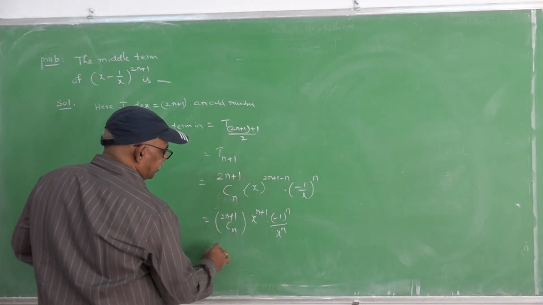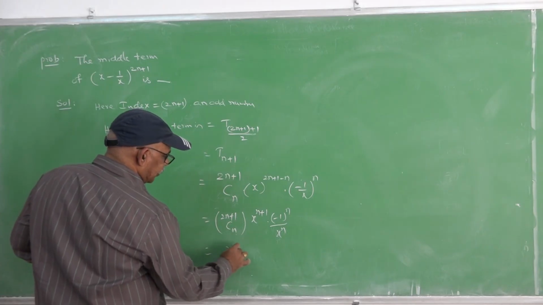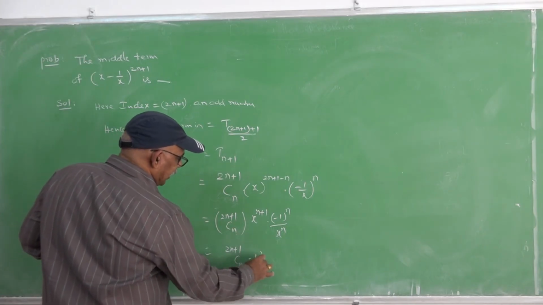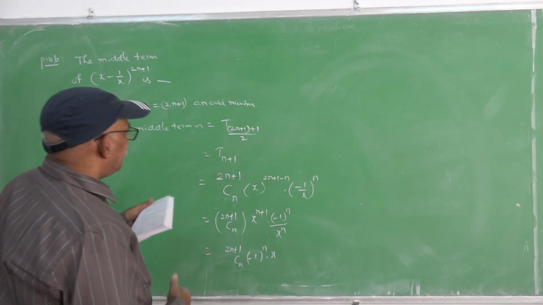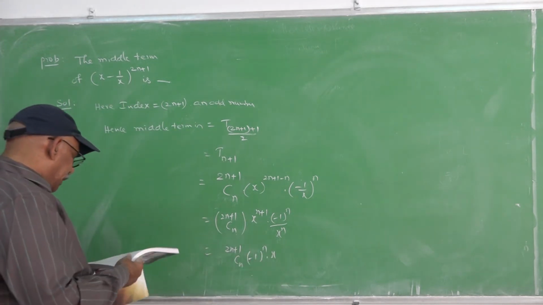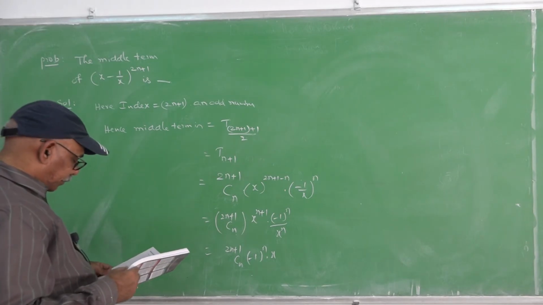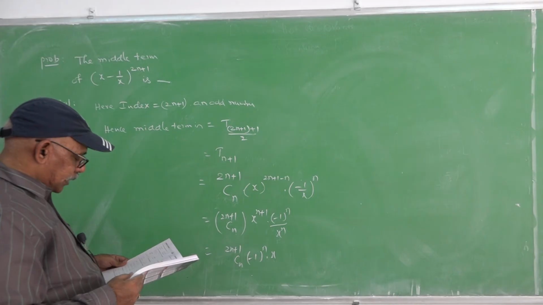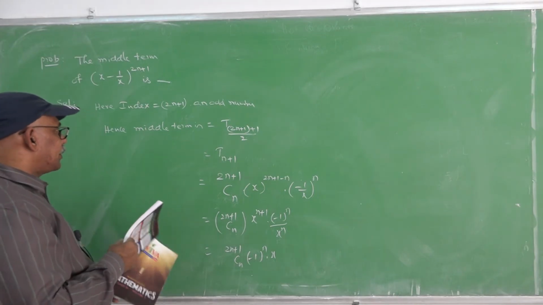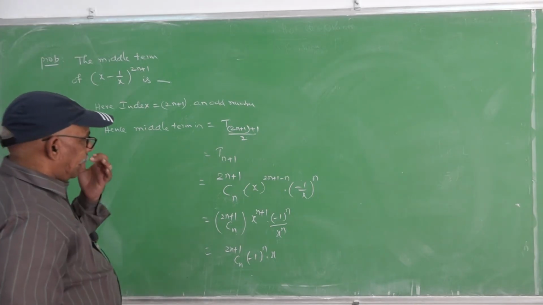You can remove x power n. So 2n plus 1 c n minus 1 whole power n x. That is the middle term of the expansion. Minus 1 whole power n 2n plus 1 c n x gives us the middle term.